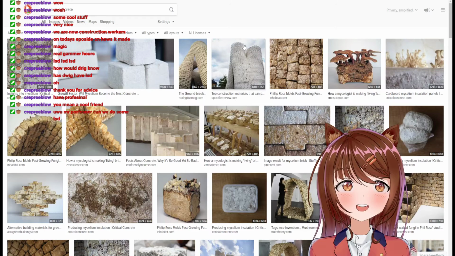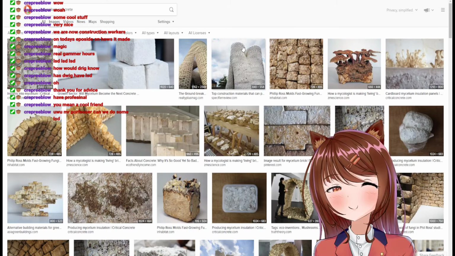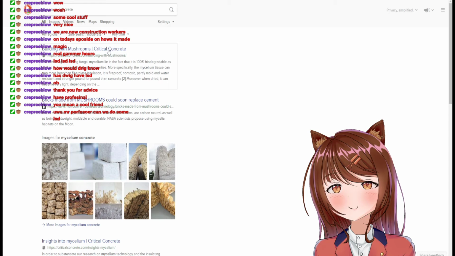Mycelium blocks. How do they make mycelium concrete? Fungal mycelium lye. Okay. It traps more heat than fiberglass.